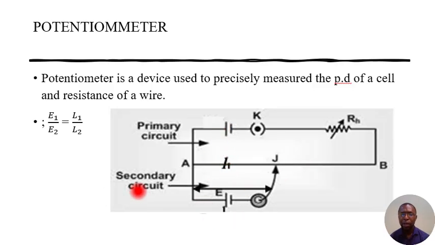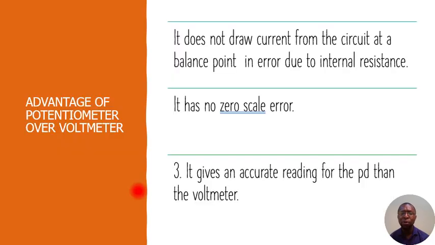Now, there are advantages that the potentiometer has over the voltmeter when it comes to measuring voltage. The first advantage is that a potentiometer does not draw current from the circuit, unlike the voltmeter that does draw current from the circuit. Because when you draw current from the circuit, you will not be able to determine the precise value. Advantage number 2 is that it has no zero scale error, because you don't have to be looking at a pointer moving from one division to the other.